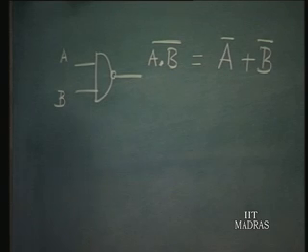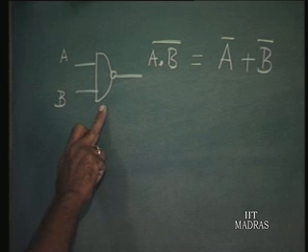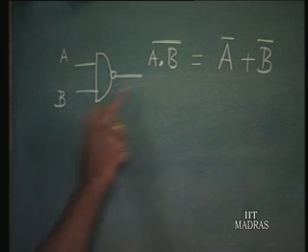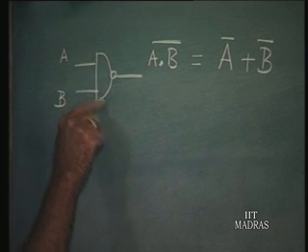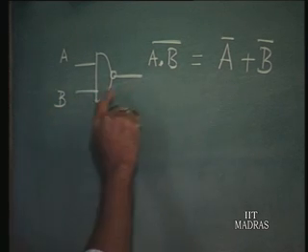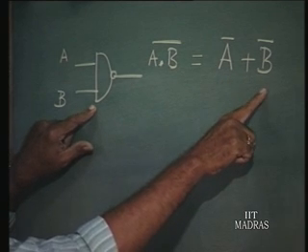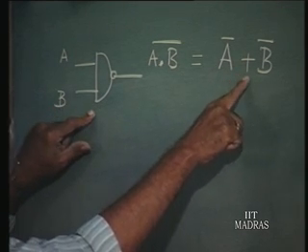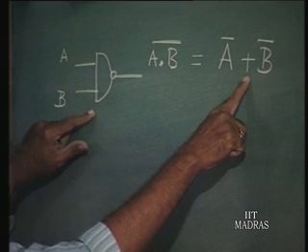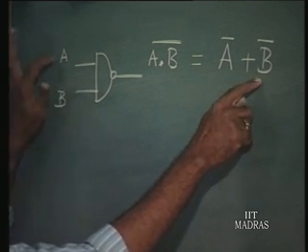Suppose you have only one NAND gate, the output is A bar or B bar, which means basically the NAND gate works like an OR gate with its inputs A and B complemented.